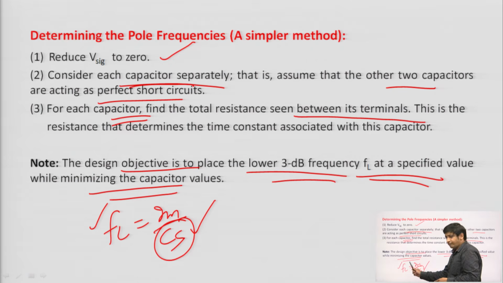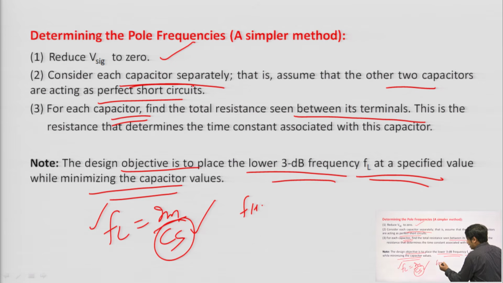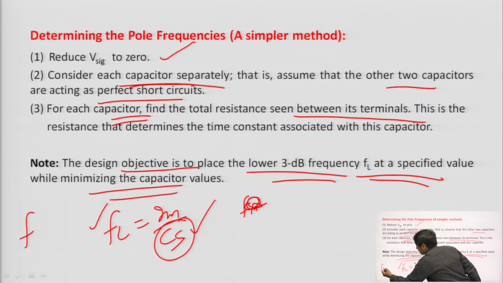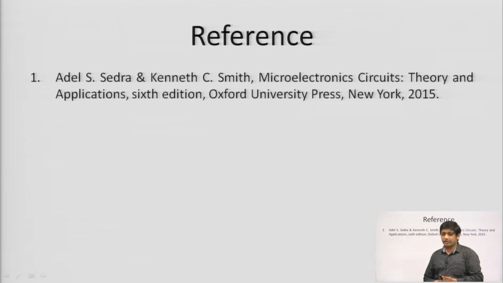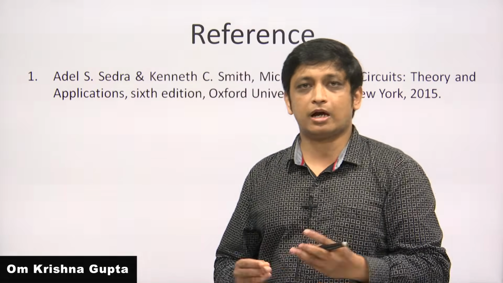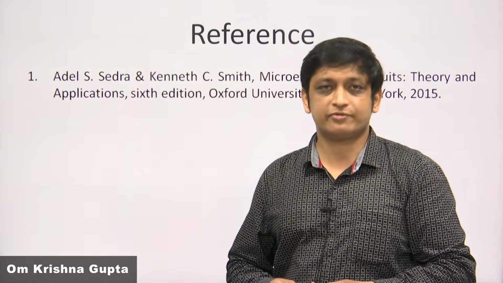When we decide a value of FL, accordingly we select the value of Cs, and this FL plays a role in the calculation of the bandwidth. The bandwidth is the upper 3 dB frequency FH minus the lower 3 dB frequency FL. So that is the design parameter. This is the reference, and in this class I have discussed the high frequency and low frequency response of the CS amplifier.